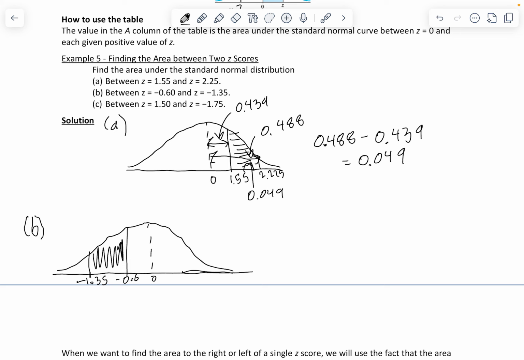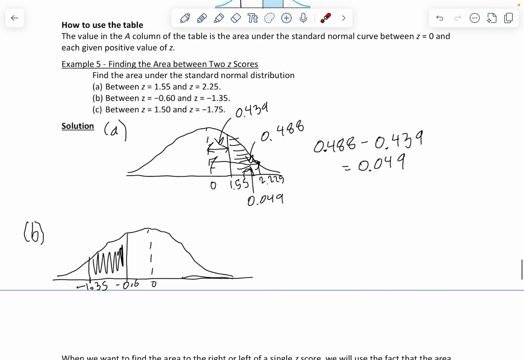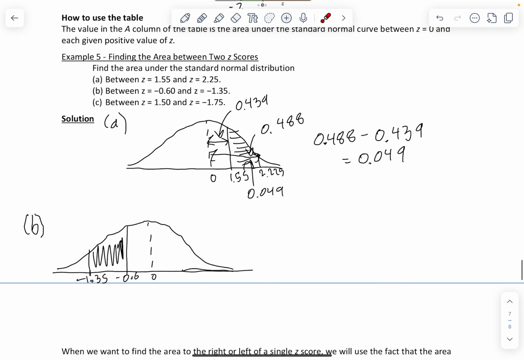So I can do something similar, right? The fact that I'm dealing with negative z-scores shouldn't throw me off too much, because if I think about the positive 0.6, this area right here is going to be exactly the same as this area right here, right?